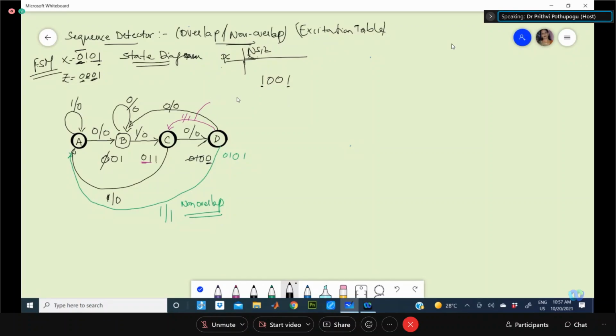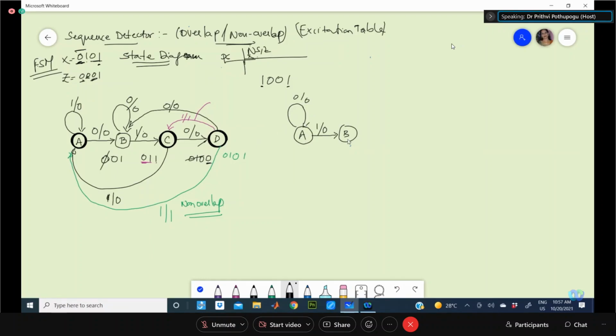Now we start with A as the initial state. In this initial state, if the input is 1, we are receiving 1, it goes to state B and generates an output 0. If the input is 0 in present state A, we haven't started identification of the sequence bits, so instead of 1 you are getting 0, it stays in the same state A, generating 0.